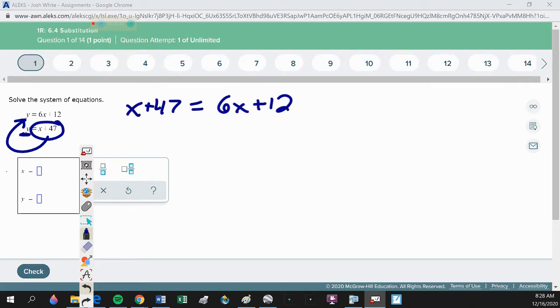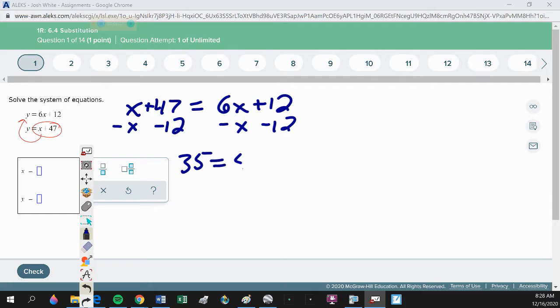It's called substitution because I'm just substituting y for something else. And now I just have an equation with a variable and constants. Subtract x, subtract 12. 35 is equal to 5x. Divide by 5, and I get x equals 7.